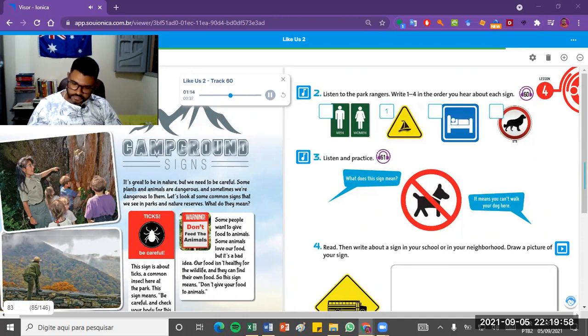But this sign means that you can walk your dog, but stay with your dog at all times. 3. On this sign, there's a picture of a woman next to a man. This sign means that there is a bathroom here. There's a women's bathroom and a men's bathroom. 4. Finally, on this sign, there's a person sleeping in a bed. That means there's some type of hotel here.